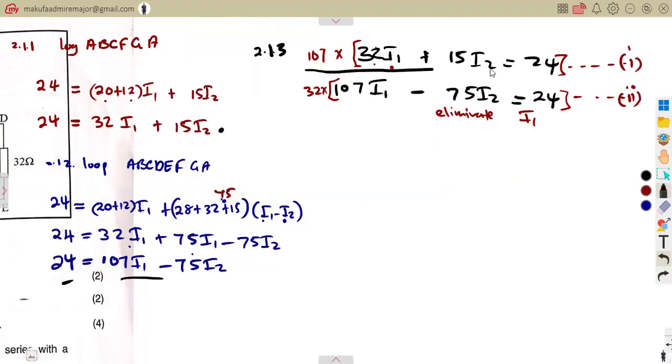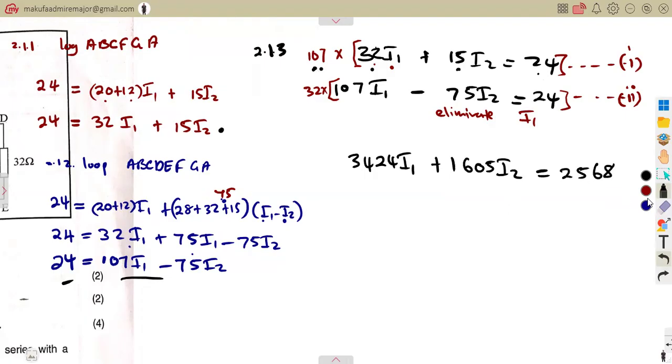So 107 multiplies equation 1. That's 107 times 32, which is 3,424 I1. 107 times 15 is 1,605 I2. 107 times 24 is 2,568.